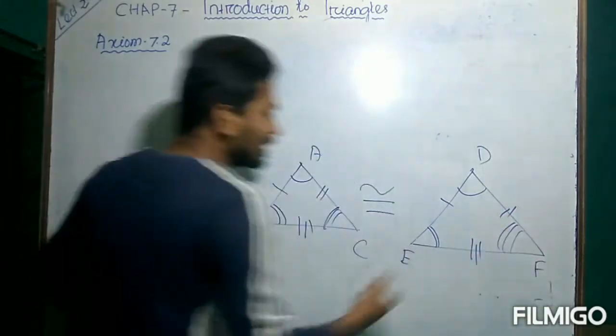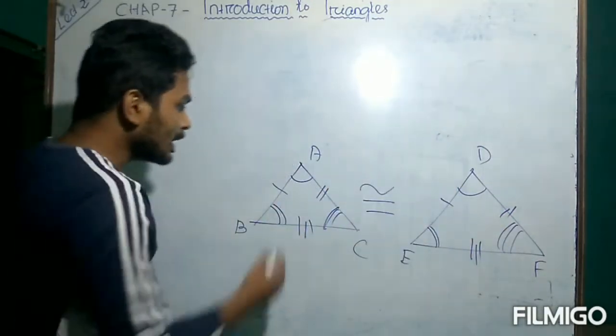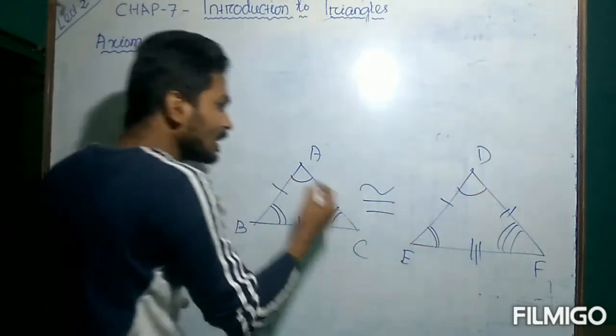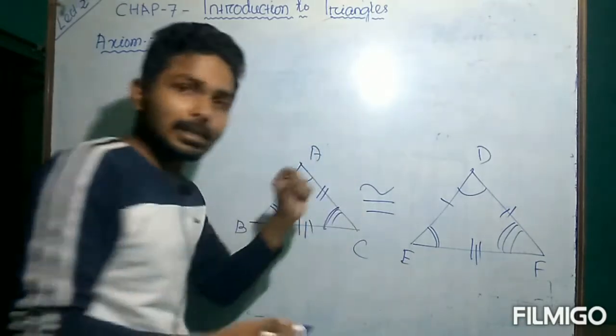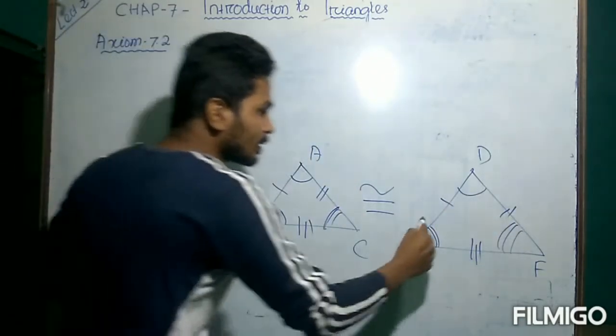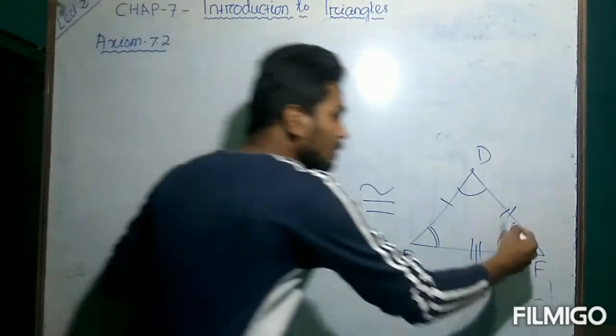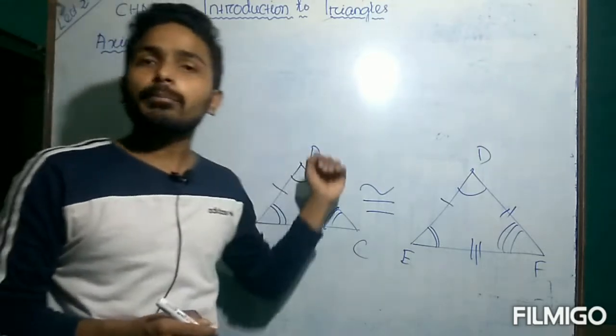Okay, so it means if this triangle and this triangle are congruent, then this side is equal to this side, this side is equal to this side, as well as this angle is equal to this angle, this angle is equal to this angle, and this angle is equal to this angle. Okay, so this is the axiom number 7.2.